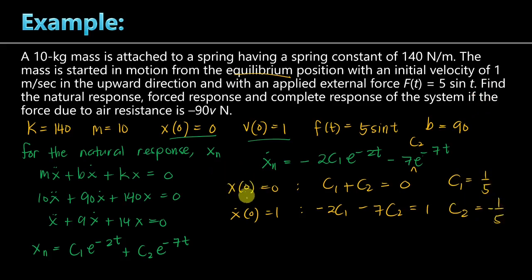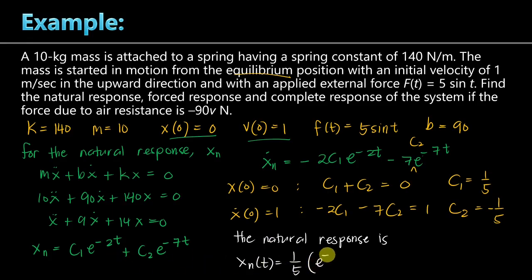So we can now write the expression for the natural response. Sulat natin yan. The natural response xn of t equals, since parehas naman yung 1/5, gawin ko na lang common factor, 1/5 times e raised to negative 2t minus e raised to negative 7t.